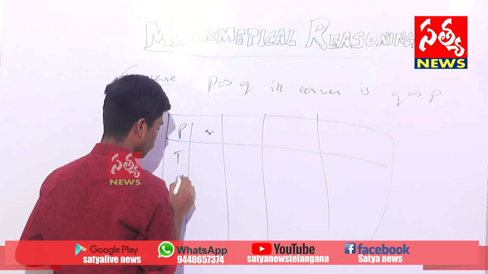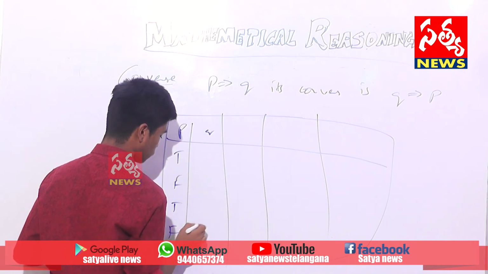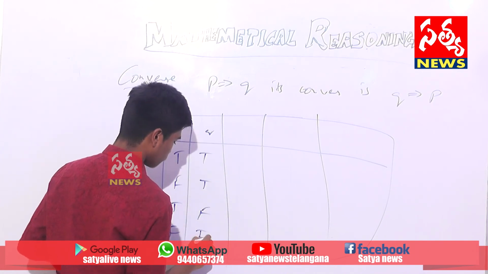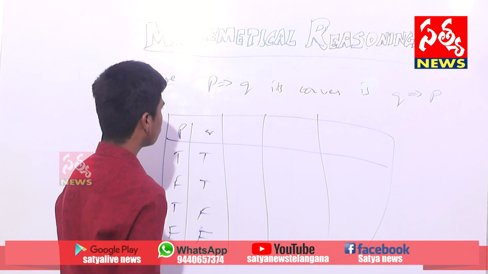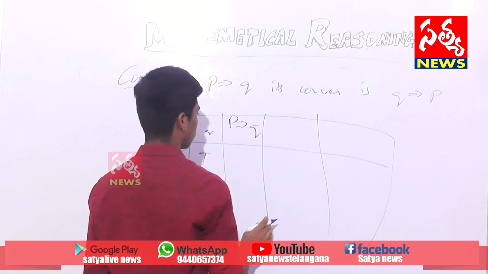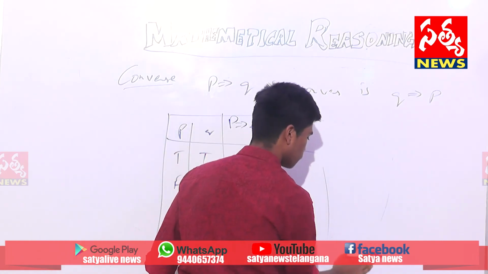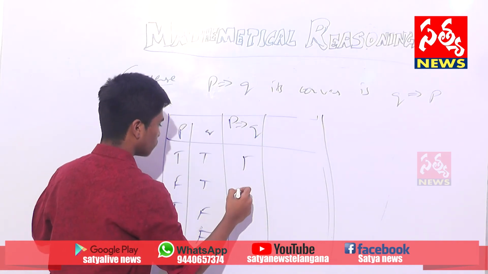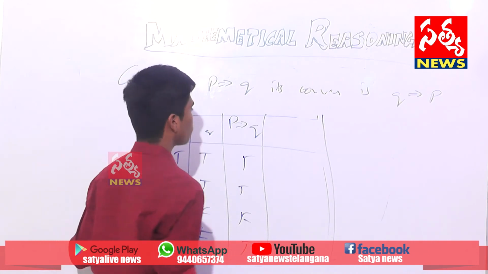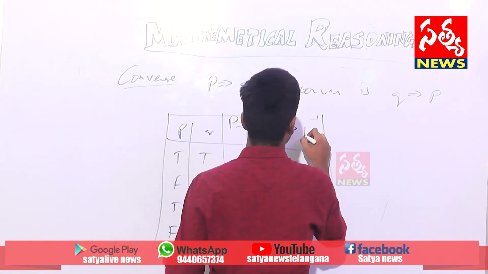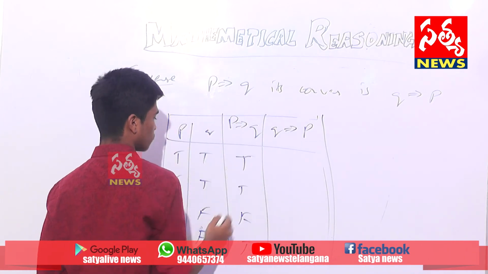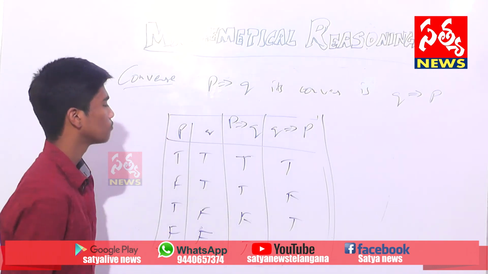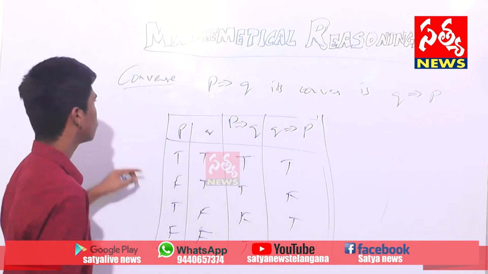PQ means true, false, true, false, true, true, false, false. Okay. Now, you know that true, true, false, true. Okay. Now, the Q conditional P is true, false, true, true. This is the condition for converse.